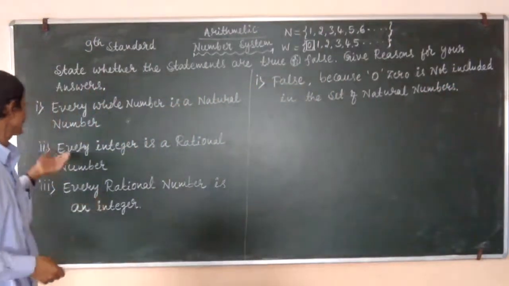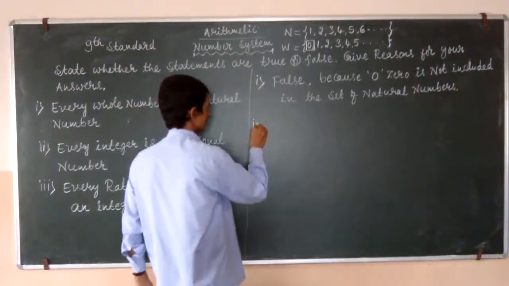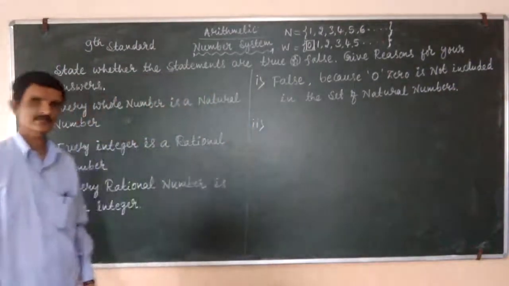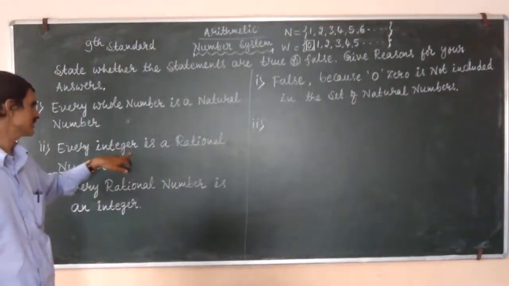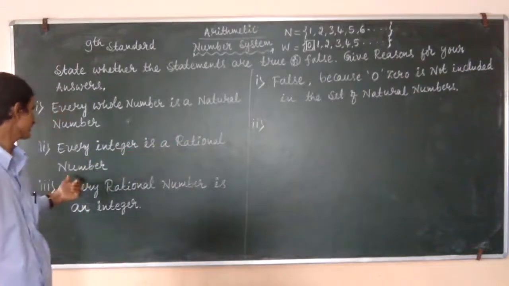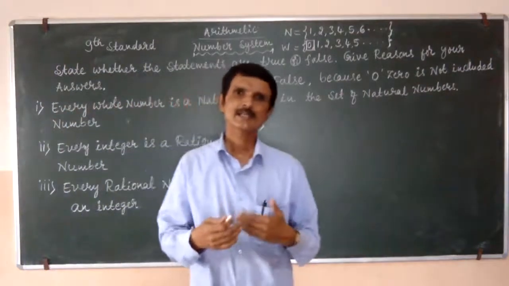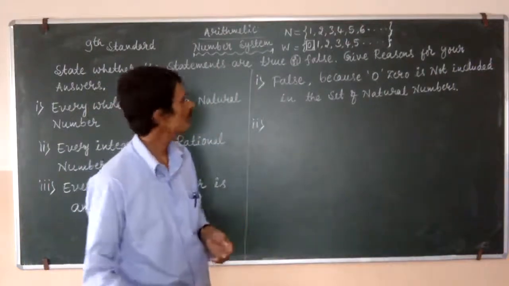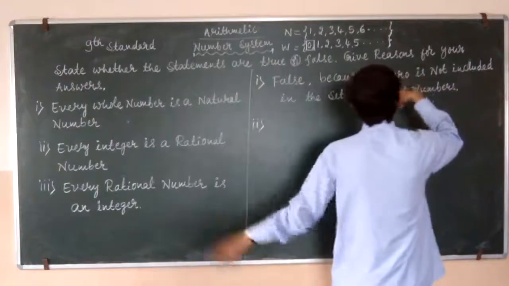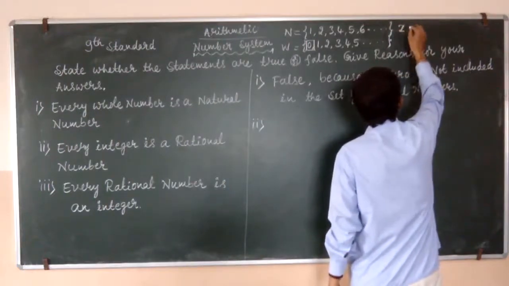Similarly, observe the second statement. The second statement is: every integer is a rational number. For this, we have to write the set of integers and rational numbers and compare them.